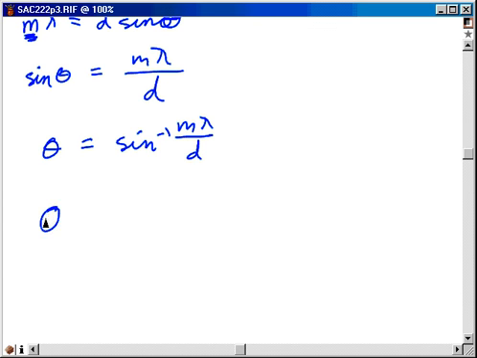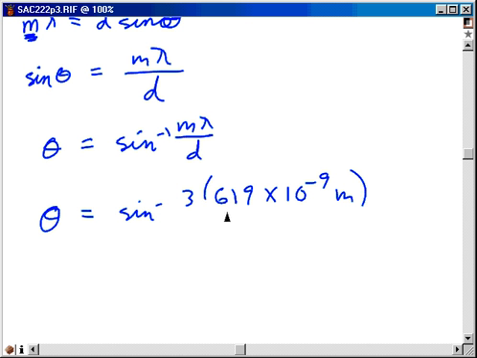Let's check that out. In this case, theta is equal to the arcsine of 3 times the wavelength, which was given as 619 nanometers, or 619 times 10 to the -9th meters. And then I'll divide that by the slit separation that we just found, 1.54 times 10 to the -4th meters.